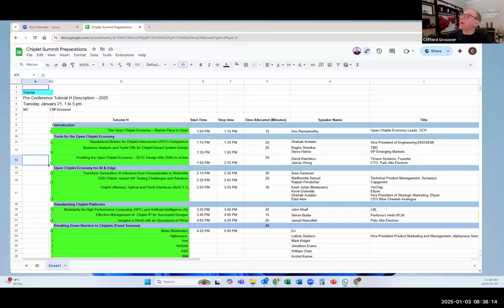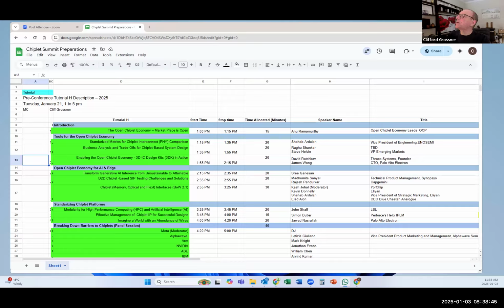Okay, so I'm just sharing my screen because this is the plan for the afternoon tutorial. It's going to be on January 21st from 1 to 5 p.m. That's a Tuesday. And we're going to have it kicked off by Anu, doing us the courtesy of a keynote on the open chiplet economy and an update as to where we are on many of the projects for everybody. Then we're going to spend some time talking about the different tools for the open chiplet economy that are in the works.